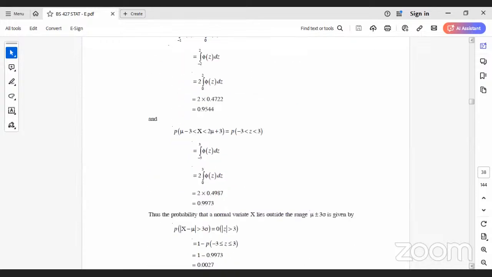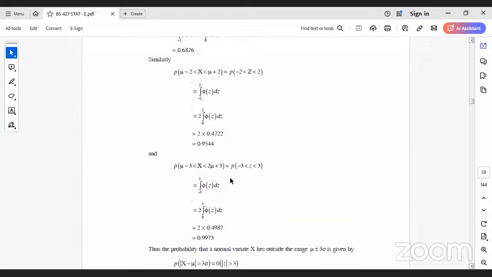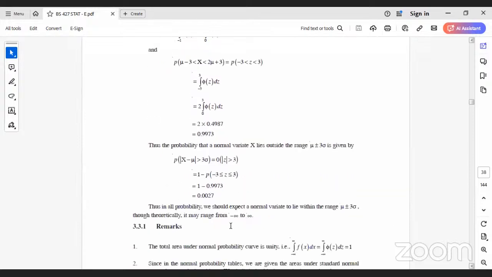So taking 3: P of mu minus 3 sigma less than x less than mu plus 3 sigma, that is minus 3 less than z less than 3. Taking 2 common, 0 to 3 phi of z dz gives 0.49865, so 0.9973.